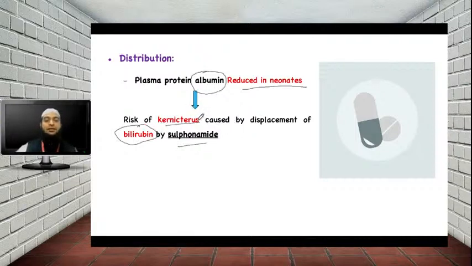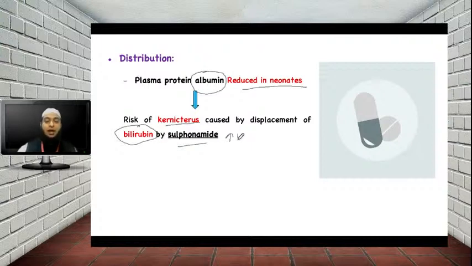So kernicterus is the condition where a drug like sulfonamide is supposed to bind to the albumin. Since the albumin level is less, the free concentration of the sulfonamide will displace the bilirubin from the binding site, and due to displacement of the bilirubin, the plasma concentration of bilirubin will increase.